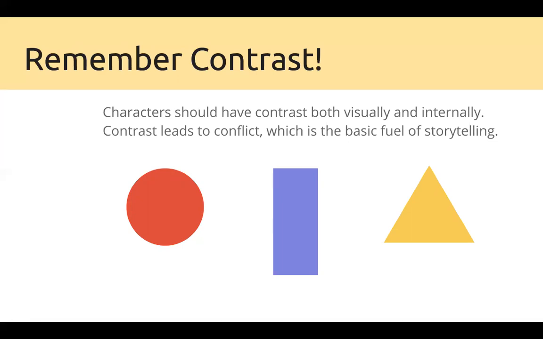So remember contrast between the different characters, because contrast leads to conflict, and that's something that needs to be there to have stories. If you don't have conflict, then it's really hard to make an interesting story out of it.